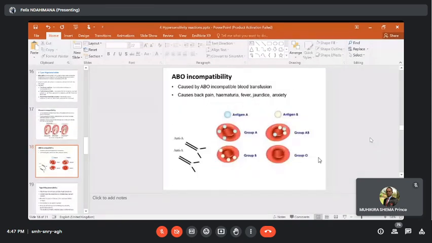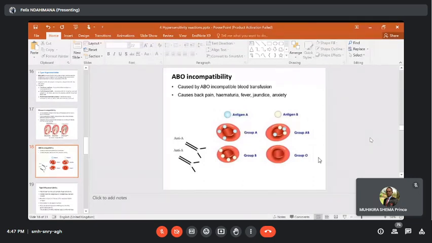We have also ABO incompatibility, whereby a patient might be given the wrong blood type. You have seen the ABO blood grouping, and you know if you are blood group A, you might be given blood having the same antigen. Like if you are A, you might be given A, or alternatively O. But if you are given B, you're given another antigen that your body doesn't know, which is the B antigen on the red blood cells.